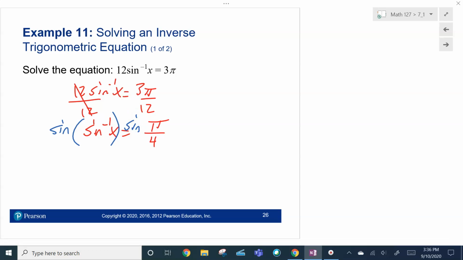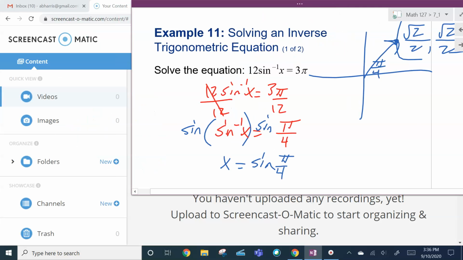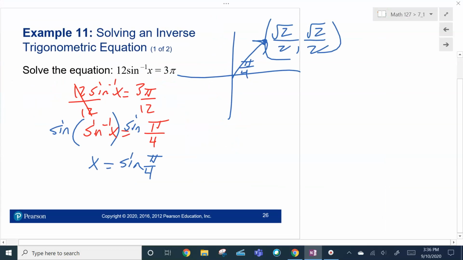So the sine of the arcsine of x is just x. And here we've got the sine of pi fourths. And you say, oh yeah, I know what the sine of pi fourths is. It's right here in the unit circle. There's my sine. There's the sine of pi fourths, root 2 over 2.